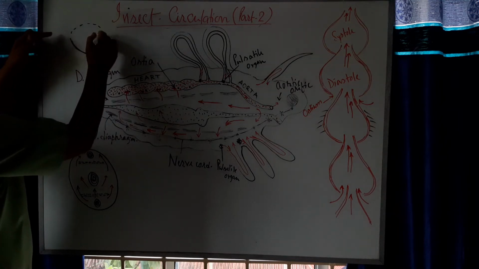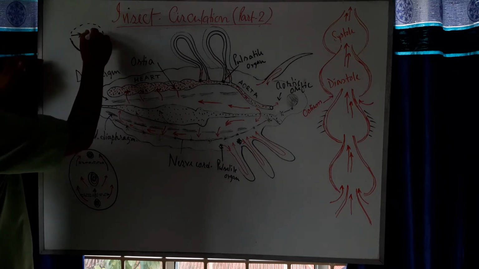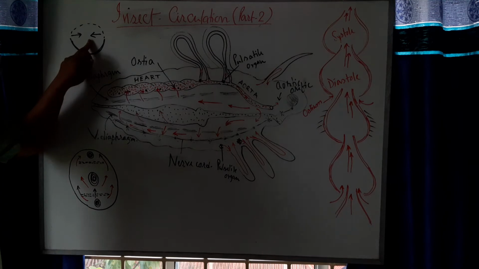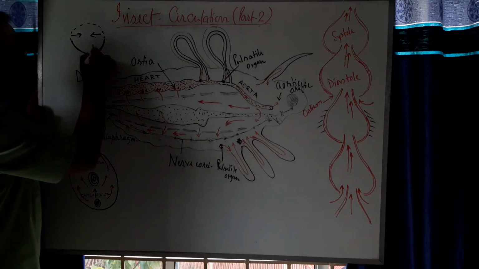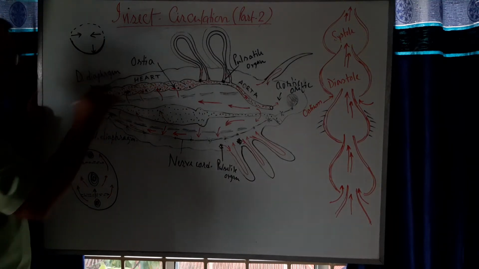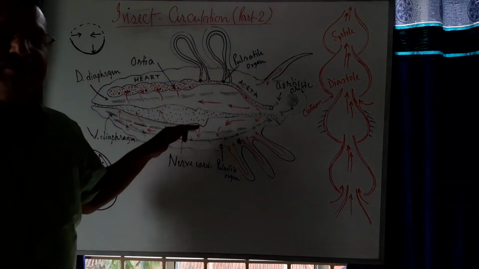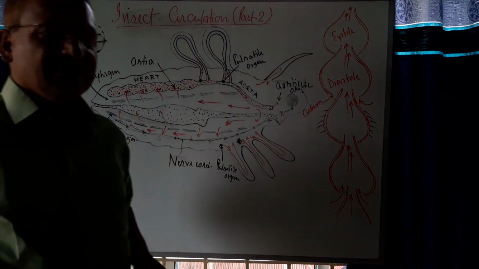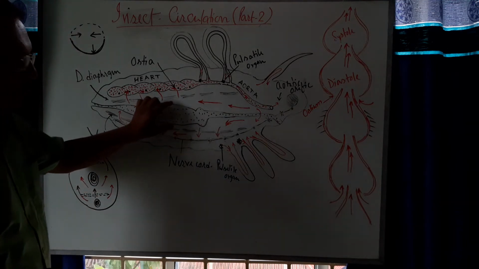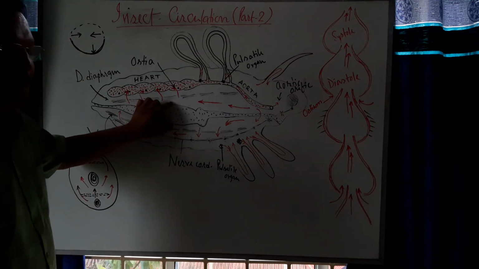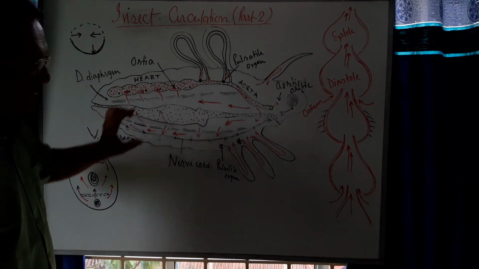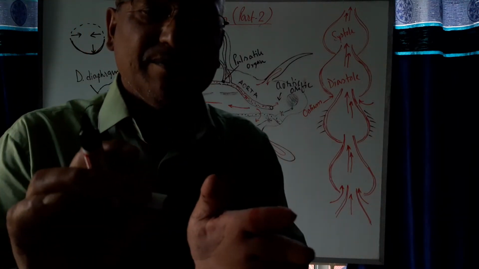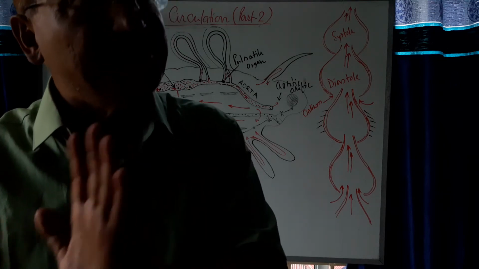When the pericardial sinus is contracted, due to the contraction of the pericardial sinus, the dorsal diaphragm moves towards the lumen of the perivisceral sinus. As a result, an amount of blood must be moved, as the space between the dorsal and ventral diaphragm is reduced.